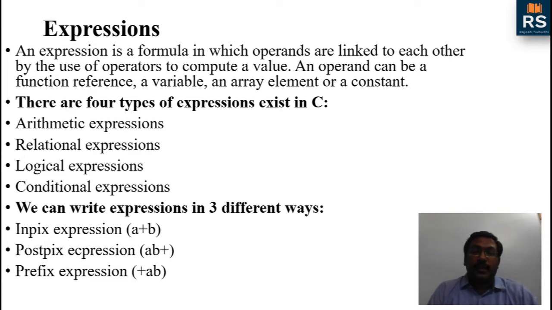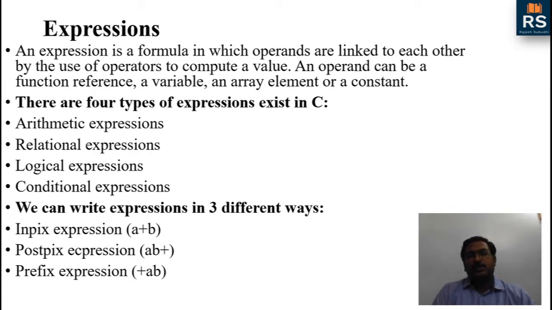For arithmetic operators we have arithmetic expression, for relational operators we have relational expression, for logical operators we have logical expression, then conditional expression. We will see the conditional expressions in our example section.